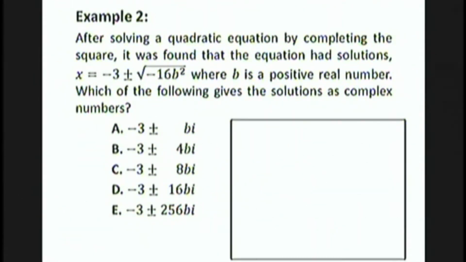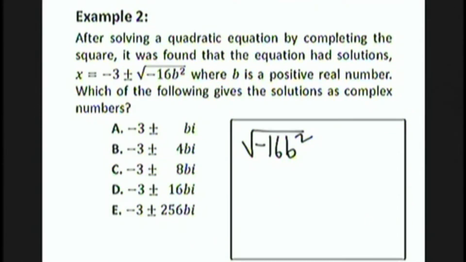After solving a quadratic equation by completing the square, it was found that the equation had solutions x equals -3 plus or minus the square root of -16b squared, where b is a positive real number. Which of the following gives the solutions as complex numbers? Well, what we're really interested in here is just simplifying that square root, the square root of -16b squared.